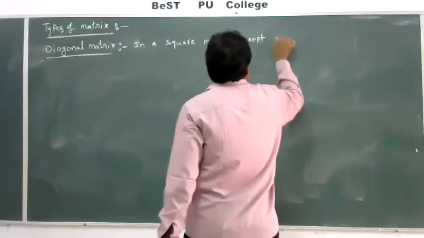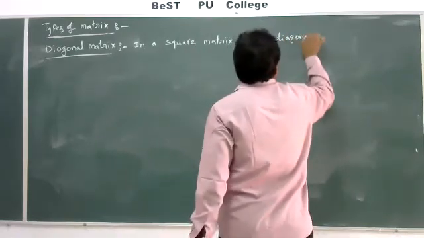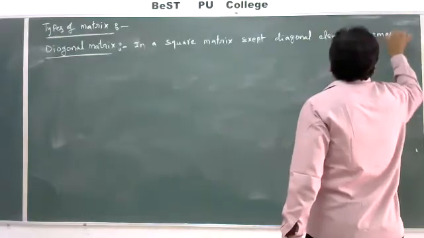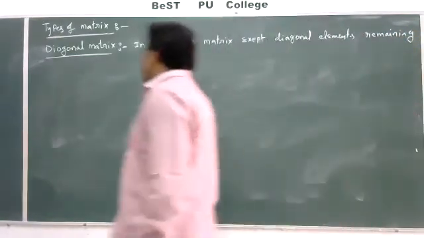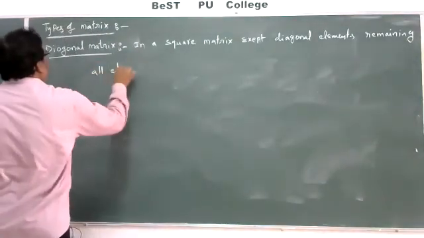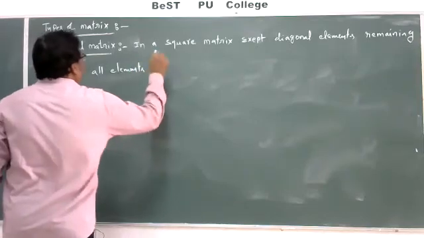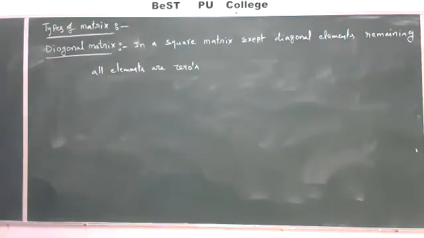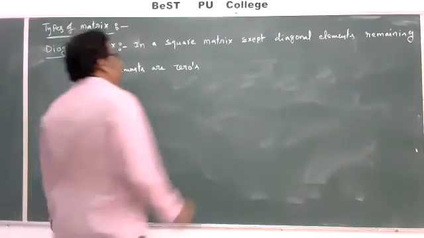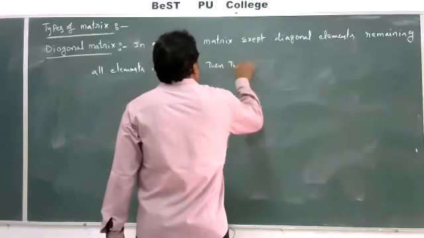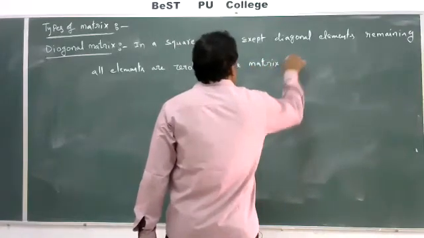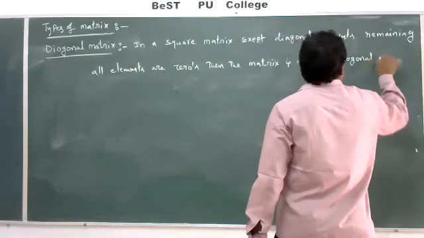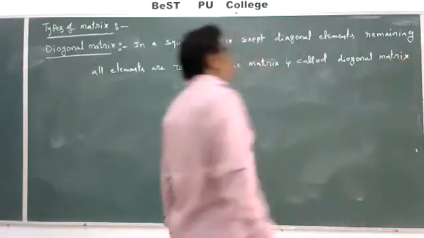In a square matrix, except diagonal elements, remaining all elements are zeros, then the matrix is called diagonal matrix.